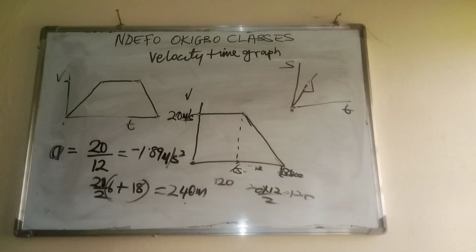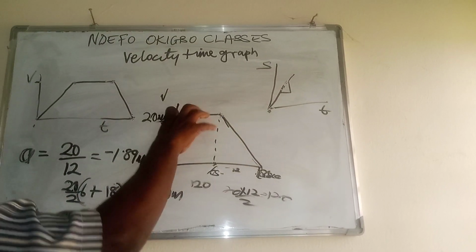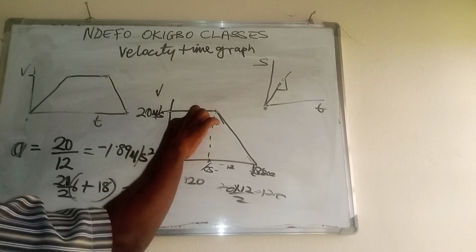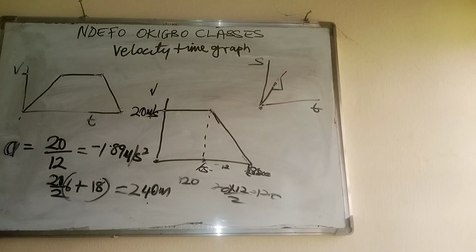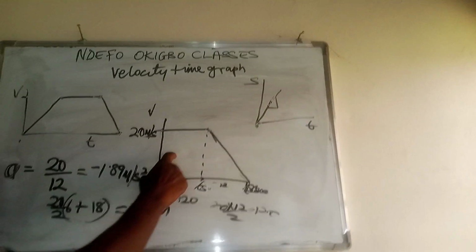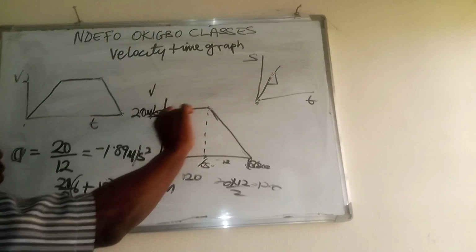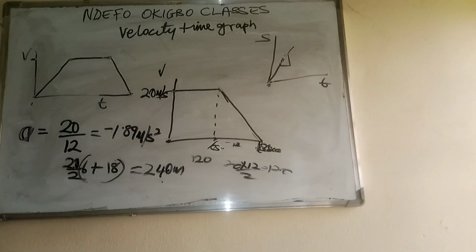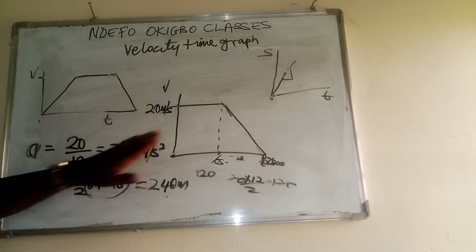Anyhow you want to do it, it is the area of this shape, either the trapezium, or the rectangle plus the triangle. Any one you do will give you the total distance traveled by the vehicle, the area of the graph.